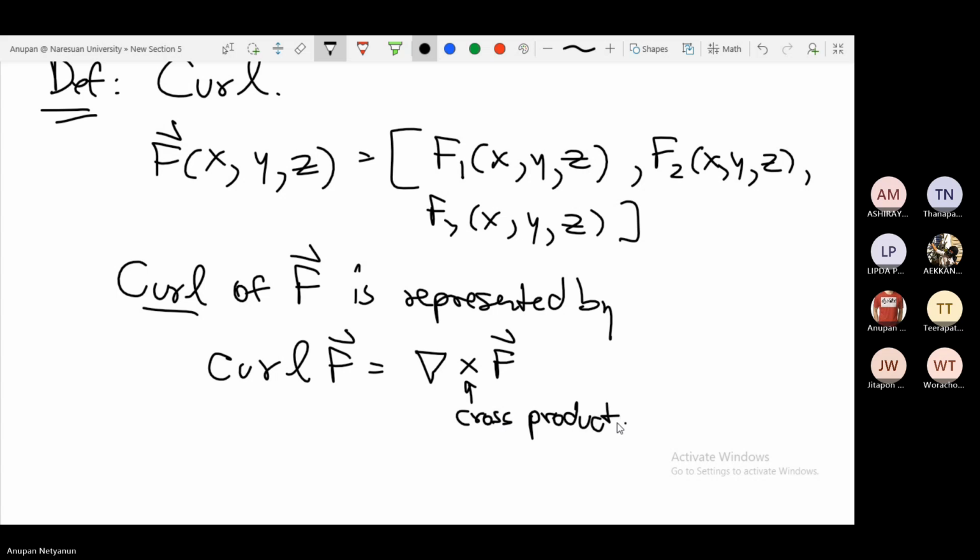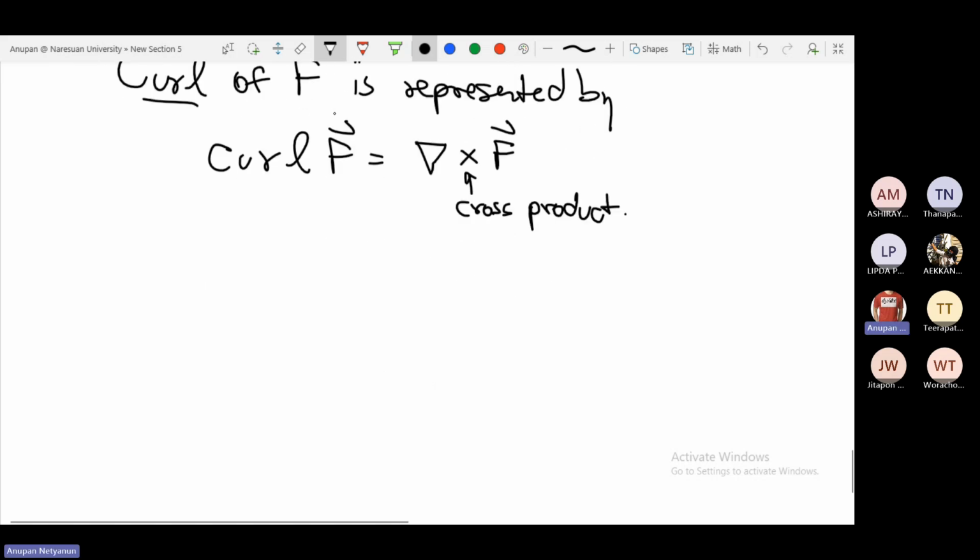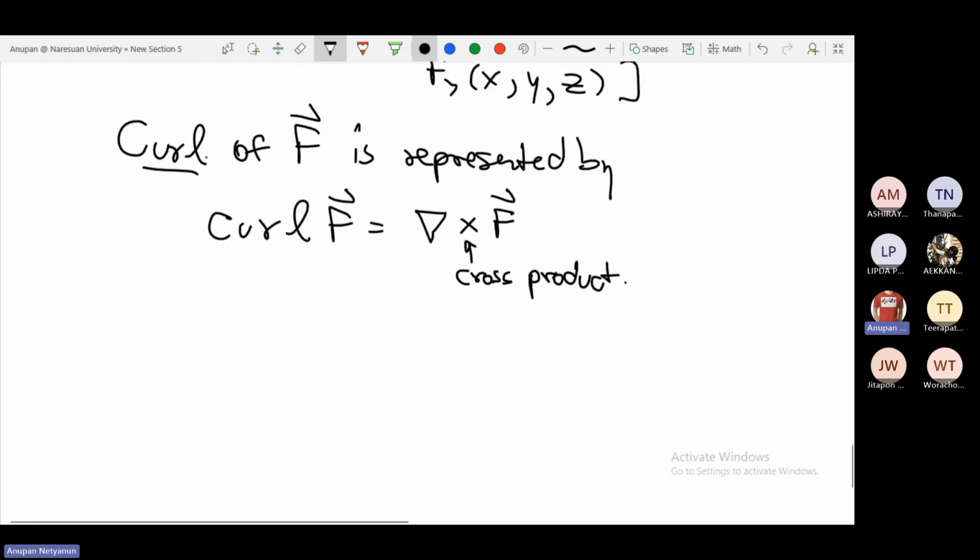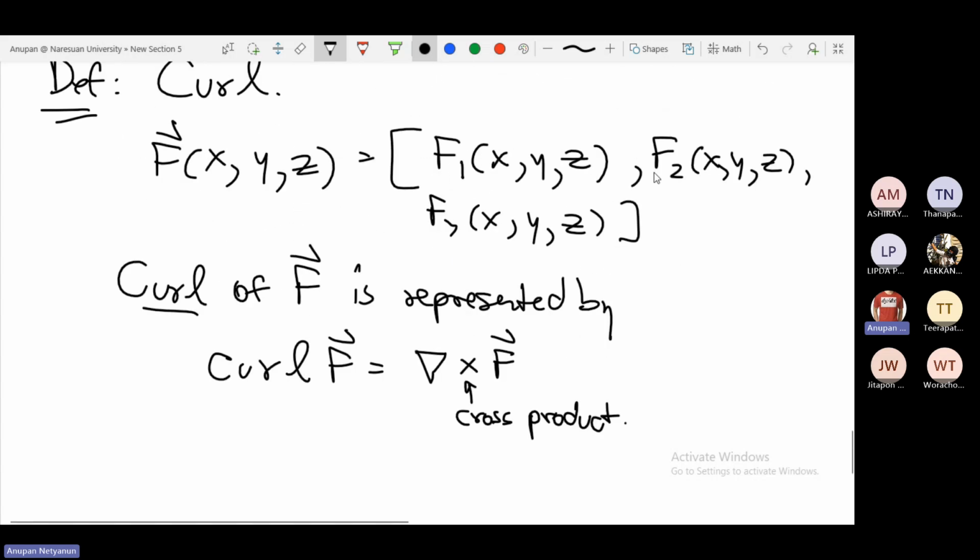Okay. Now, I'm not going to give you the detail. What is it equal to in terms of f1, f2, f3, and this sign, okay?